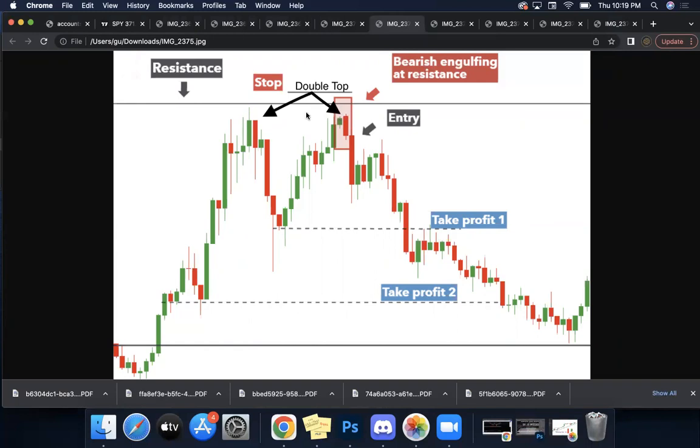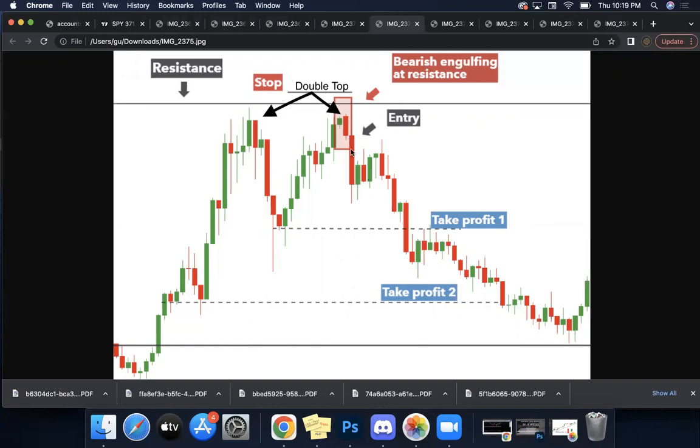If it goes above this wick right here, then that's your stop loss to get out. But as you see, they gave us a perfect example to the downside, so there was no reason to get out. Bearish engulfing came in, the ticker started dropping. We got a strong move to the downside.